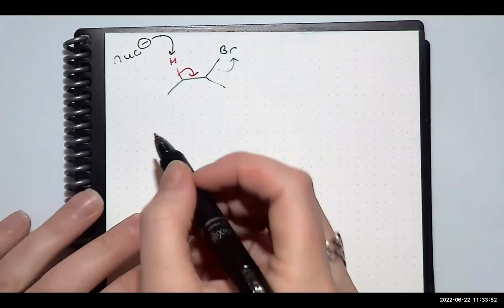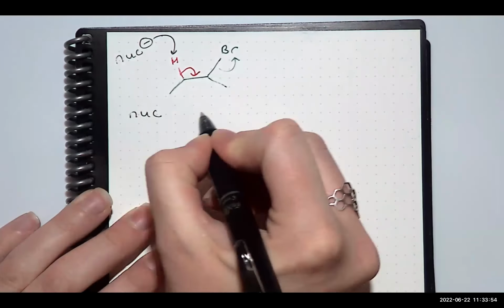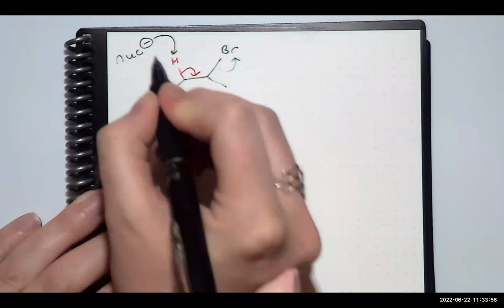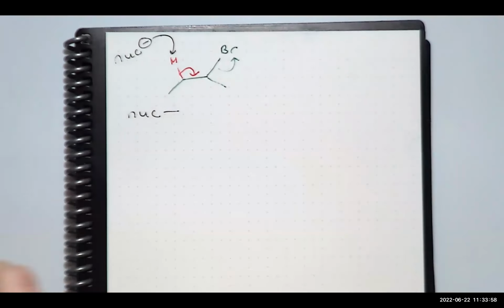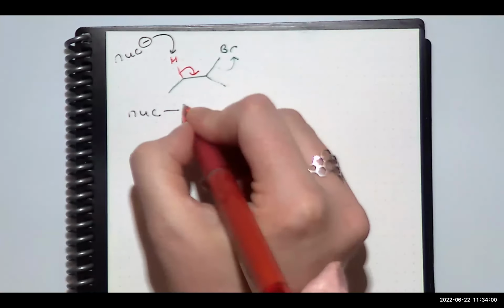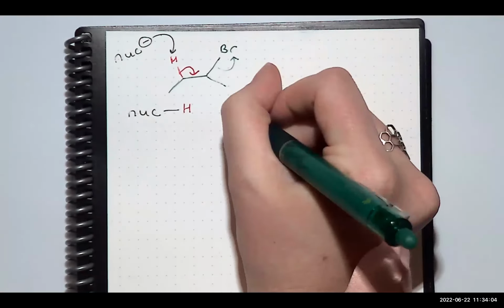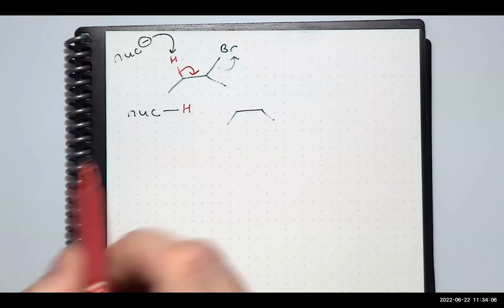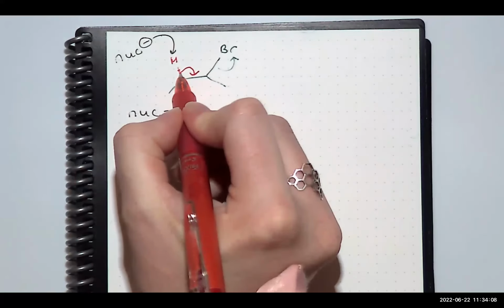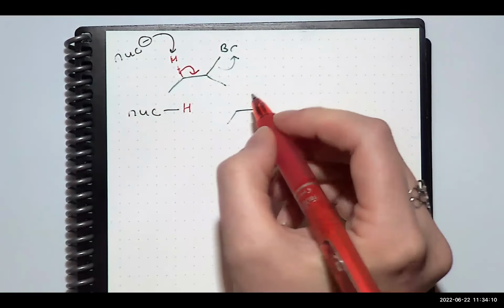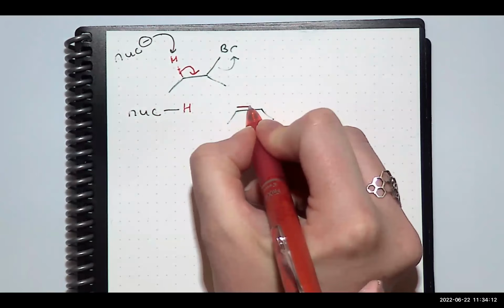So this nucleophile has formed a bond. The two electrons that gave it its negative charge have formed a bond with the hydrogen. And these two electrons that made up this bond, when the hydrogen departed, they filled in over here.